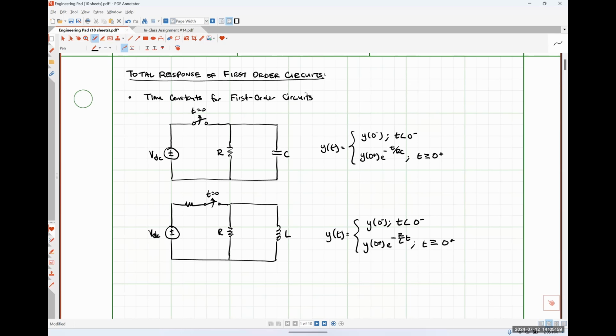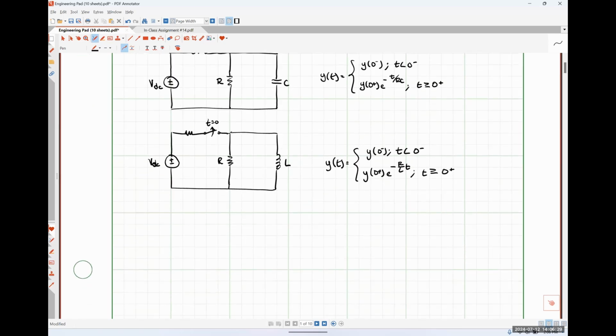And the only difference between these two expressions is the coefficient that's being multiplied by time in the exponential function. Everything else is the same. So that coefficient defines the rate of decay for our exponential signal.